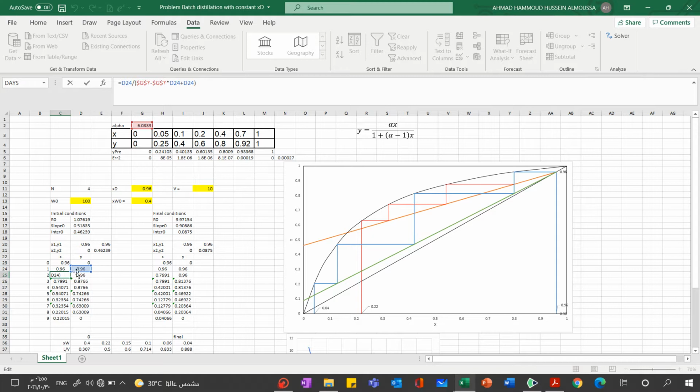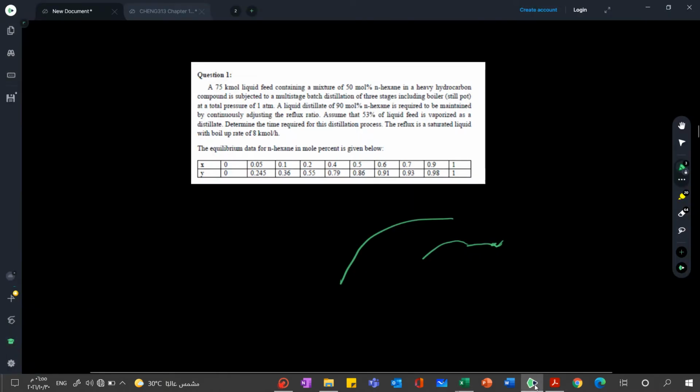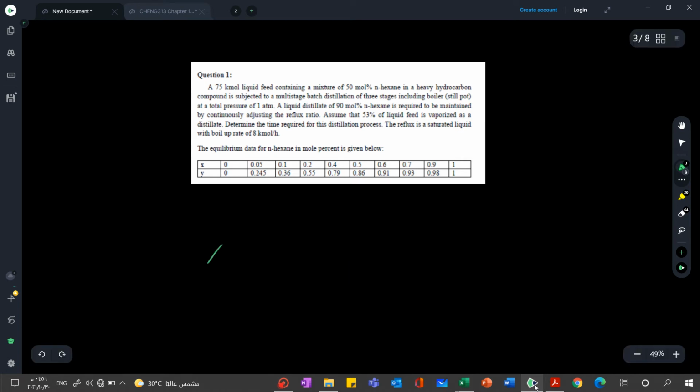It's like making x a function of y by rearranging this equation to give you a number here. So we want to do the same: we want x equal to a function of y. How do we do that?